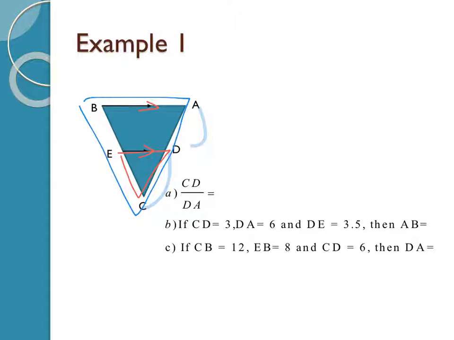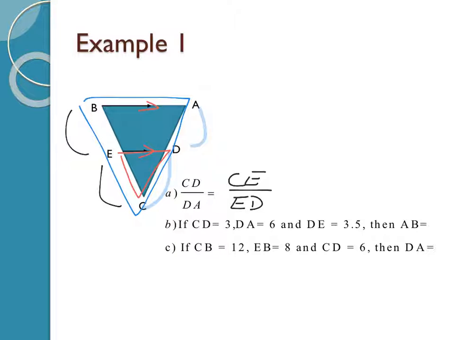So they're doing the bottom over the top, right side. So what would be my other fraction that I'm going to fill in here that it's proportional to? Michael? CE over EB. Good. Okay, we're taking the left pieces. So this CE over this EB. That could be your proportion, yes.